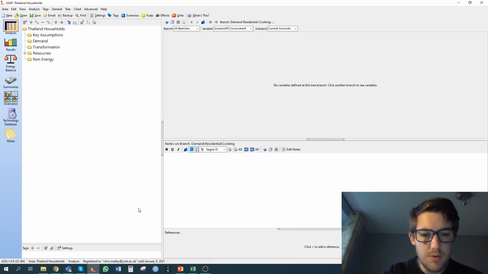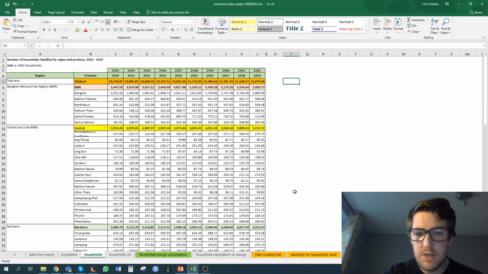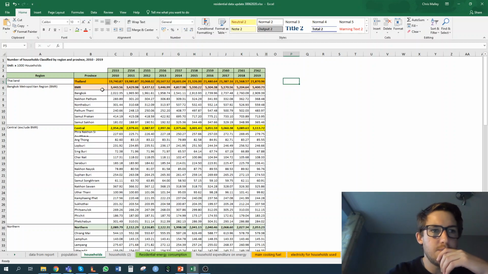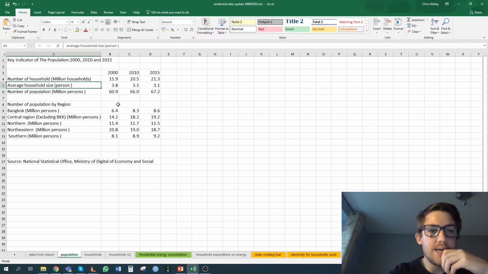So the first thing we want to do is, when we're looking at the households, we have here for Thailand and for the different regions the total number of households, but that's also linked to the population and the number of people per household.